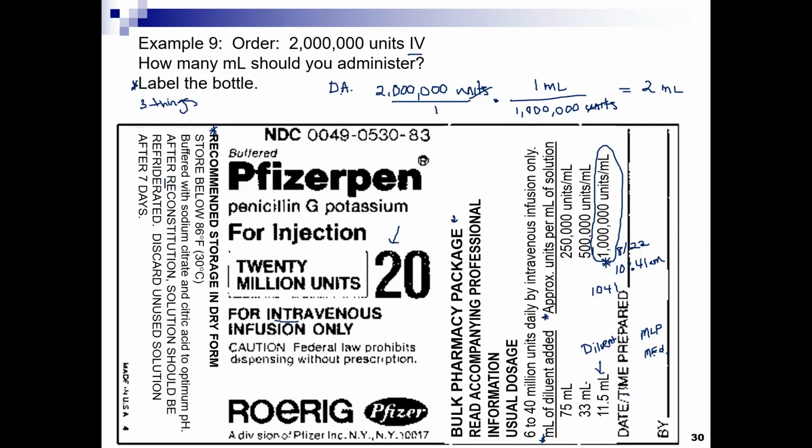Circling back, in this problem you could pick, and we picked to use the strength of 1 million units per milliliter because it was closest to our order. If you had picked one of the different strengths, you would have gotten a different answer for the number of milliliters, and you would have still been right. That's why it's so important that you circle the strength so that everybody knows how strong it is, and so somebody could check your work and duplicate the answer.